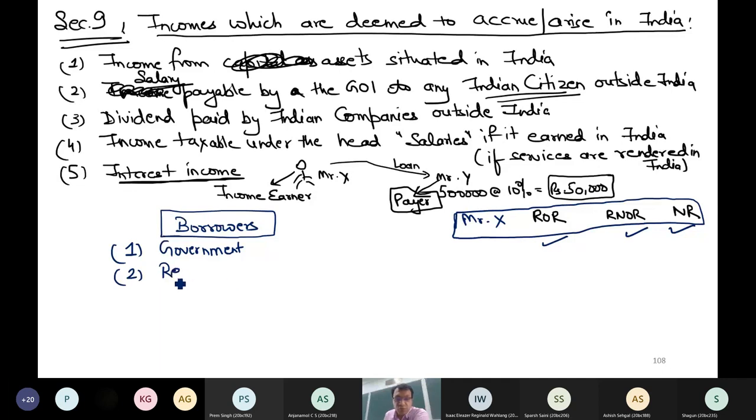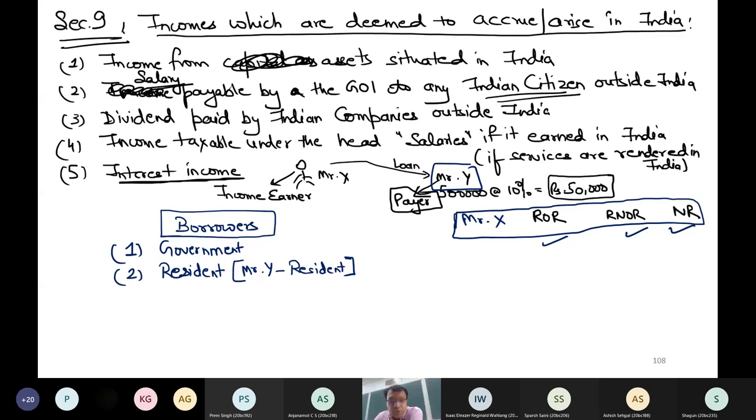Now, the person who has borrowed is a resident. That means now Mr. Y is a resident. I am assuming that the borrower is not the government. Now the borrower is Mr. Y and his residential status is resident. Now you can see what new thing has happened. To see whether this interest income is deemed to accrue or arise in India, I am concerned about the residential status of the borrower also.